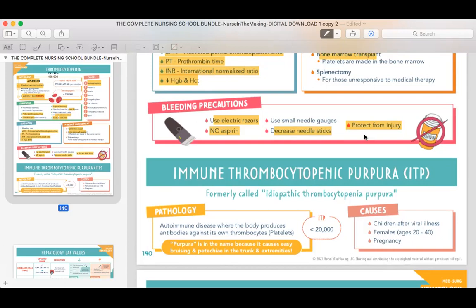You don't want to hurt yourself, basically. Prevent anything that causes bleeding.